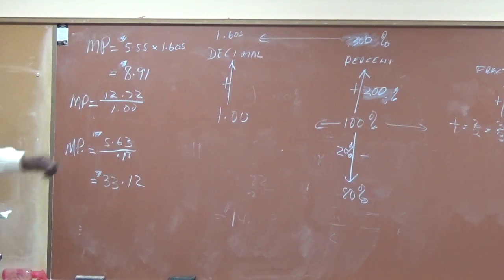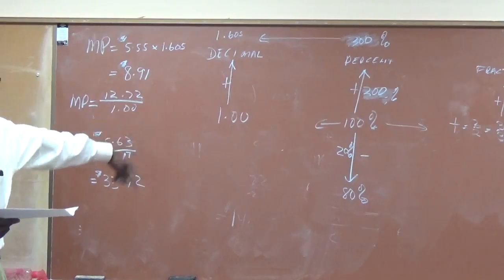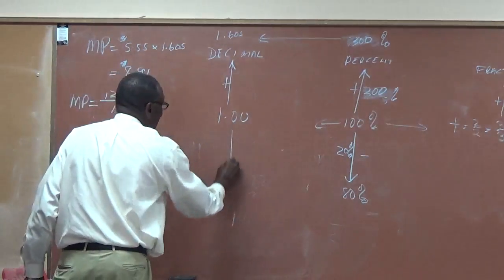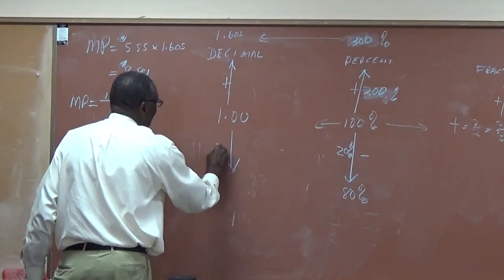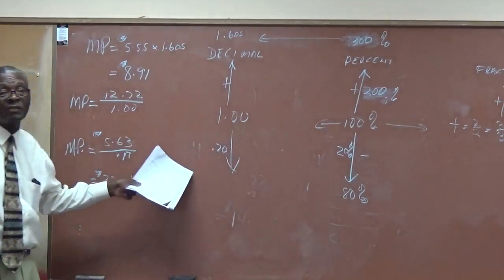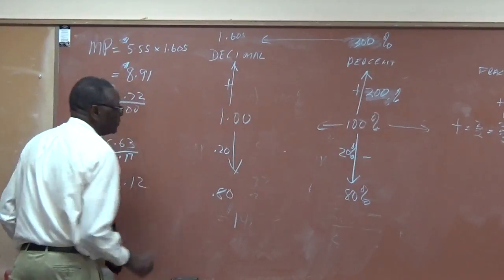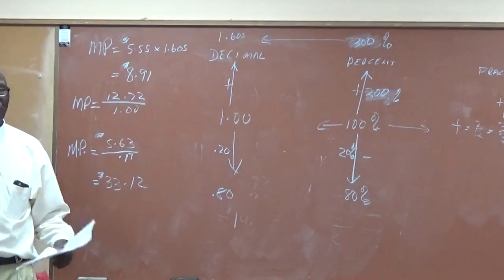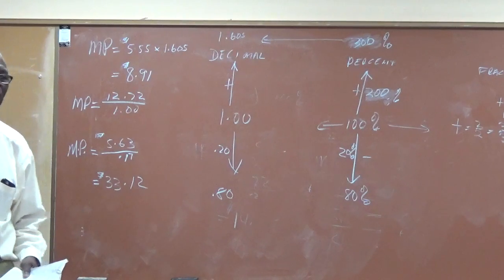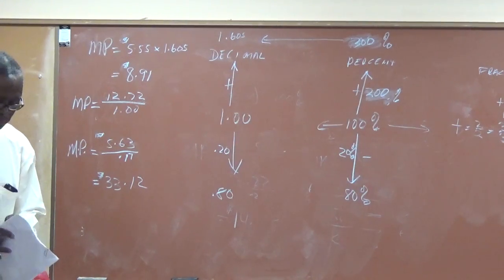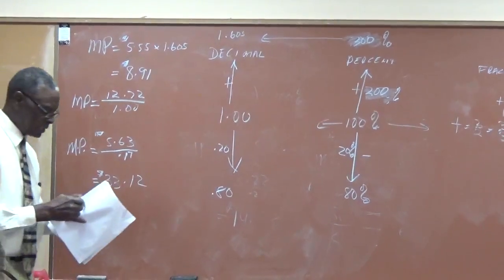So if it's marked down, you just subtract. And you can even mark it down as a decimal too. So 20% will be the same thing as 20 cents. So you only pay 80 cents here. So you can do it as a fraction, or as a decimal, or as a percent. Okay, I think that takes care of everything.